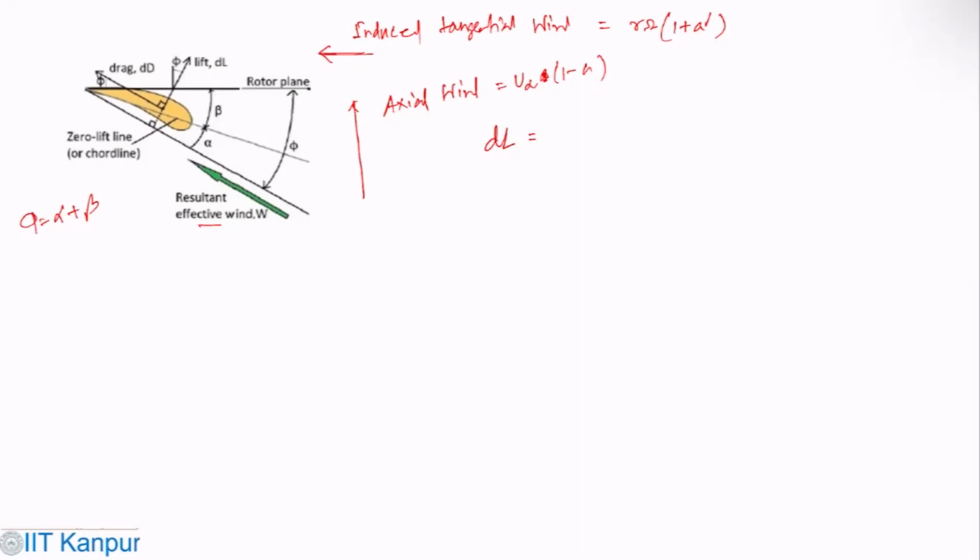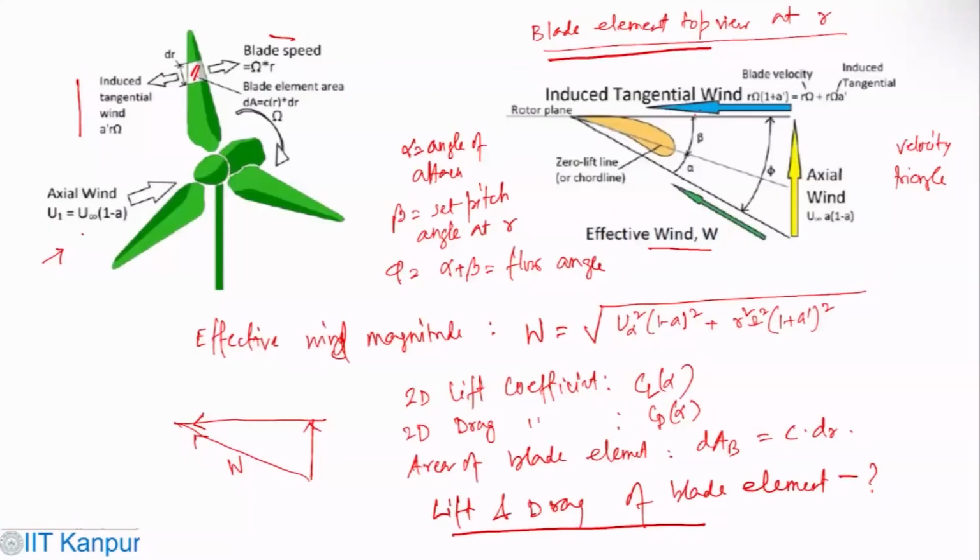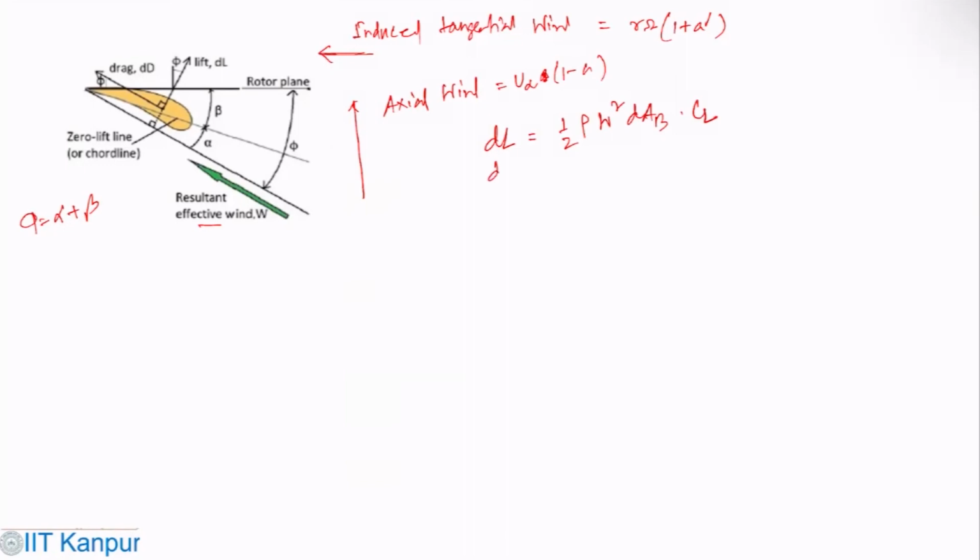So dL is half rho W square dA into CL, and similarly dD, which is drag, is half rho W square dA into CD.